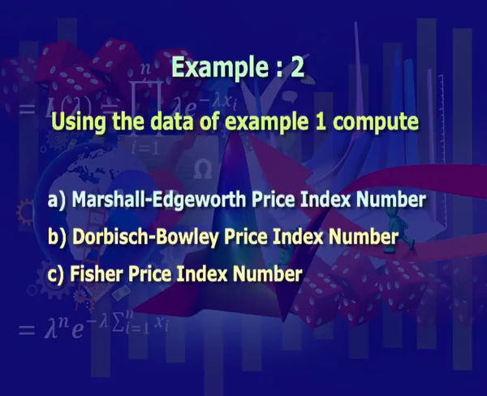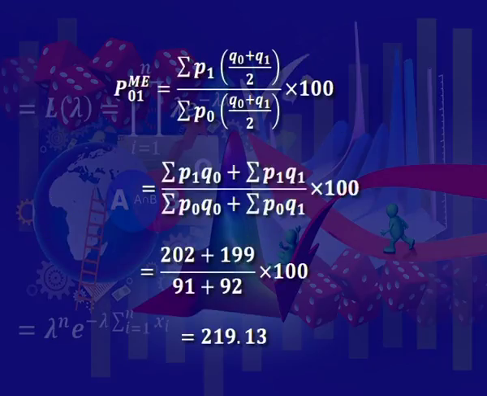Let us calculate first the Marshall-Edgeworth price index number. By the formula, P01ME is given by summation P1Q0 plus summation P1Q1 divided by summation P0Q0 plus summation P0Q1, multiplied by 100.